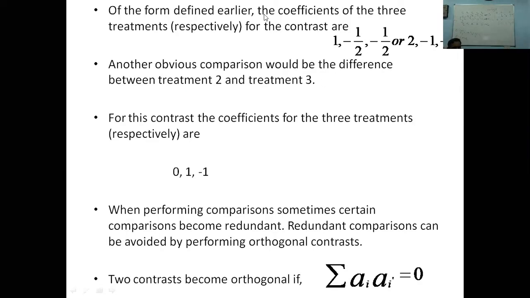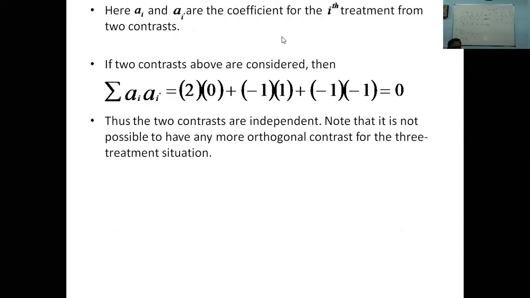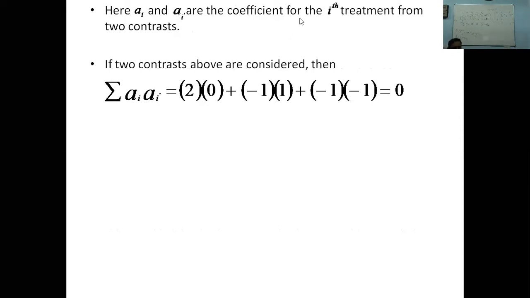If the 2 contrasts above are considered, in the earlier example we have 2, minus 1, minus 1. You can write the contrast for the first, second and third treatments. For the first treatment we have 2, second treatment -1, third treatment -1. So this is contrast 1.